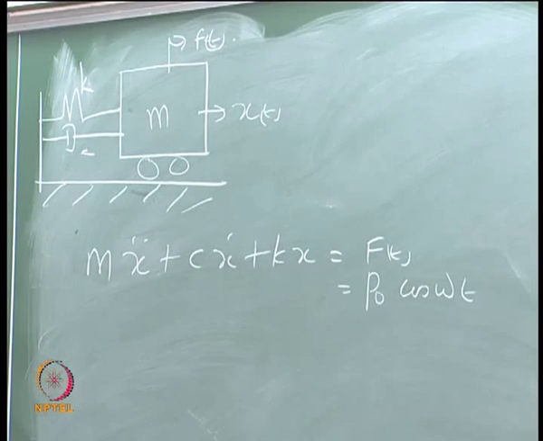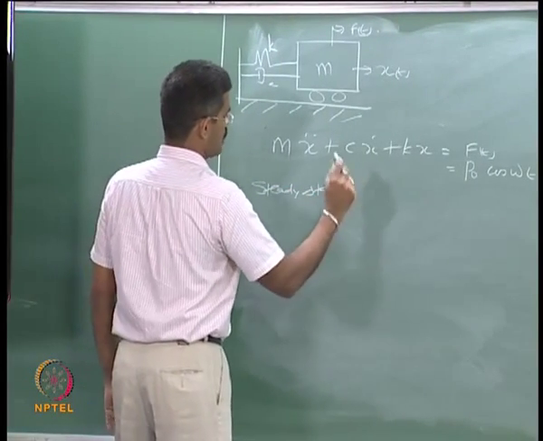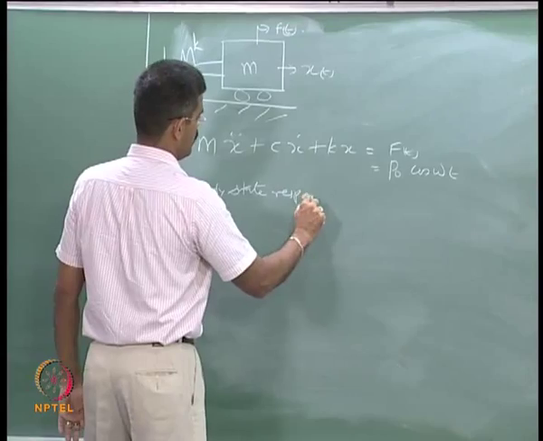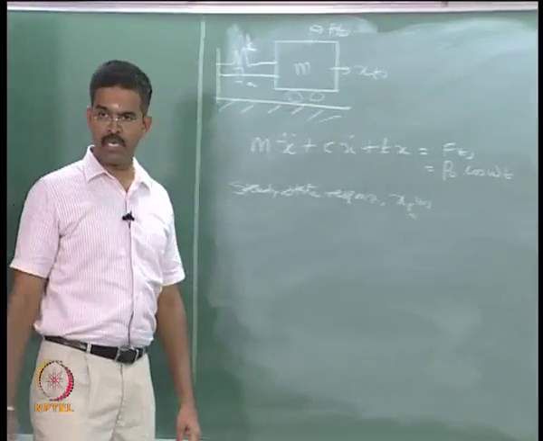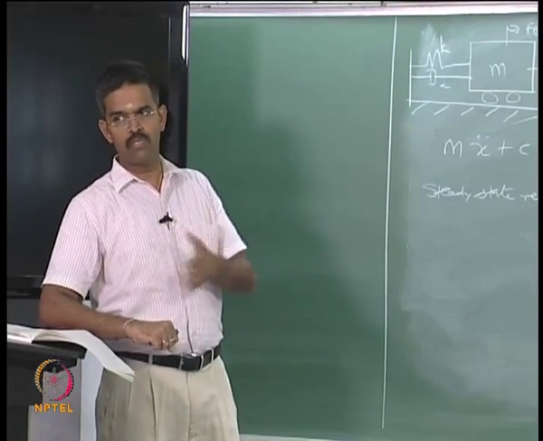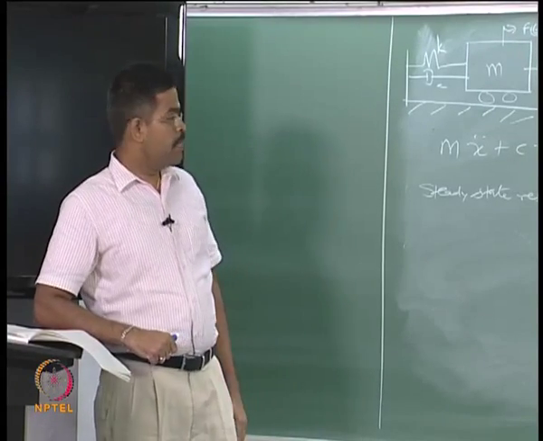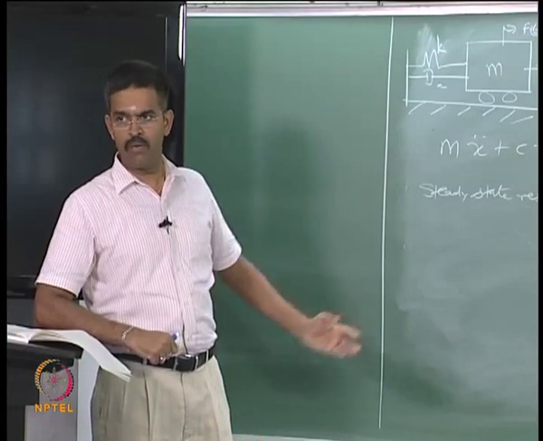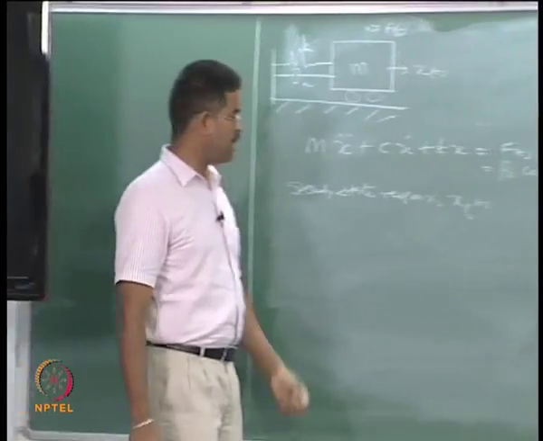So, the steady state response, referring back to the lectures on module 1, I am using P here to indicate it is a particular integral. There are two solutions for this differential equation. One is the complementary function, the other is the particular integral. The complementary function is closely related to my transient vibration, which is dying down.